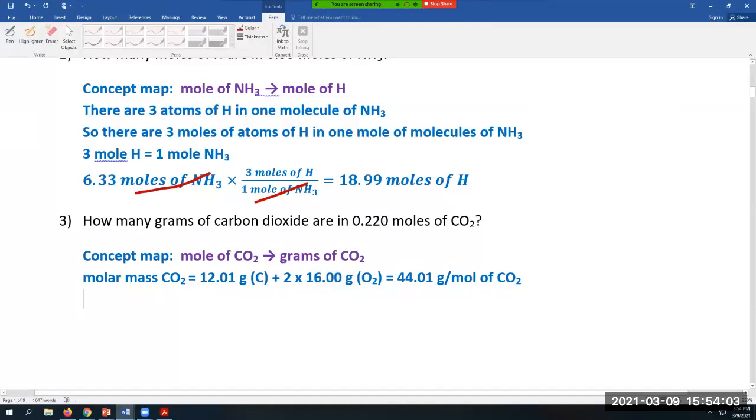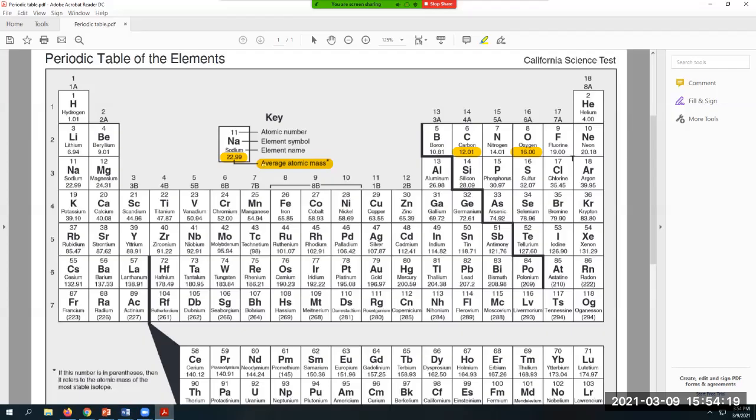And then you add them together. And for carbon dioxide here, it's 44.01 grams per mole of CO2. So this is an addition. If you use the periodic table I provide, it almost always has 2 decimals in the molar masses.